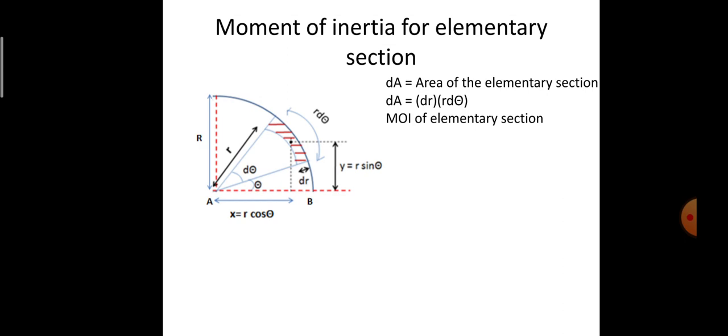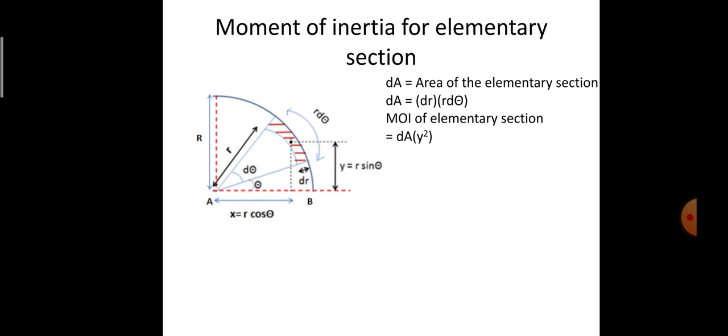Coming to the determination of the moment of inertia for the elementary section: the centroid of the elementary section is at a perpendicular distance of y from the horizontal axis. Taking the horizontal as the reference axis, the moment of inertia is the area multiplied by the square of the perpendicular distance. The area is dA, and the perpendicular distance from the horizontal reference axis to the centroid of the elementary section is y.